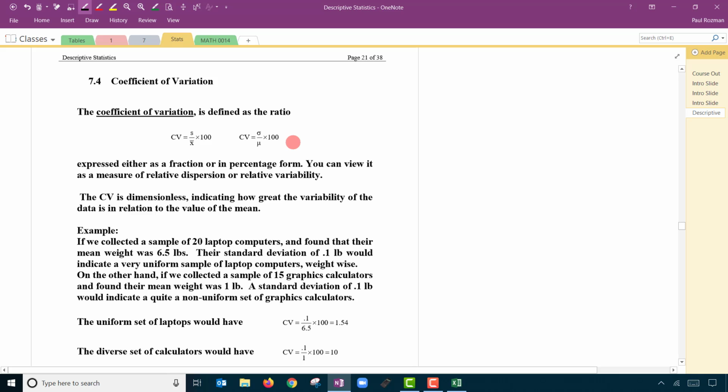You should never talk about the standard deviation without talking about the mean. So why not put the two together? Let's look at the ratio of standard deviation to the mean. If it's a sample, we'll do S divided by X bar. If it's a population, we'll do sigma divided by mu. And usually we multiply those by 100 and list CV as a percentage.